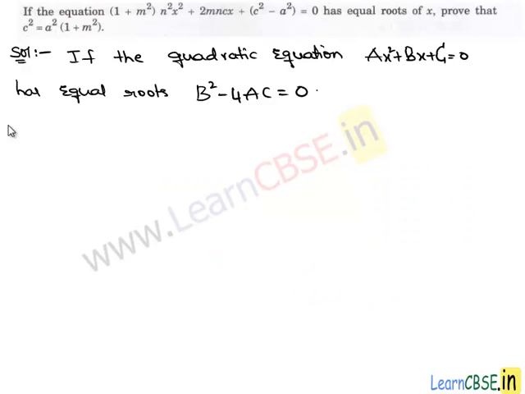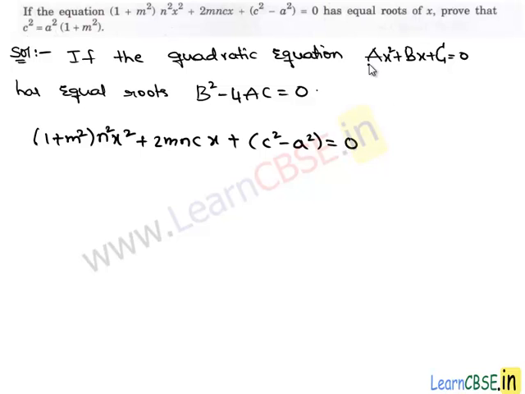Now we rewrite the given equation, which is (1 + m²)n²x² + 2mncx + c² − a². Let's get the values of a, b, c. Here a is the coefficient of x², so a = (1 + m²)n².